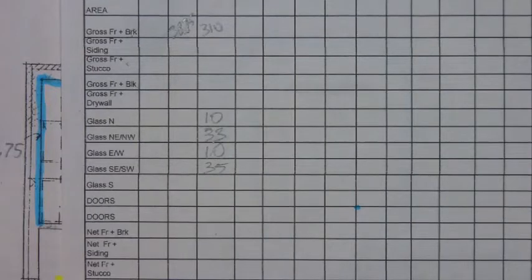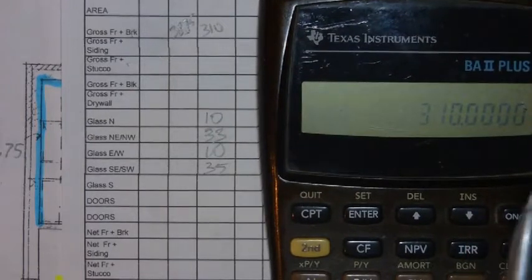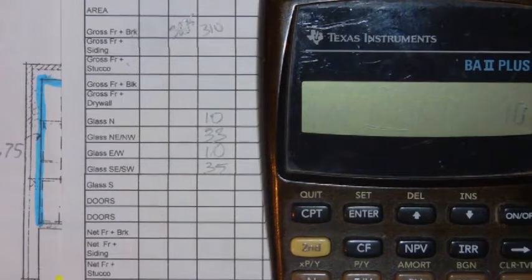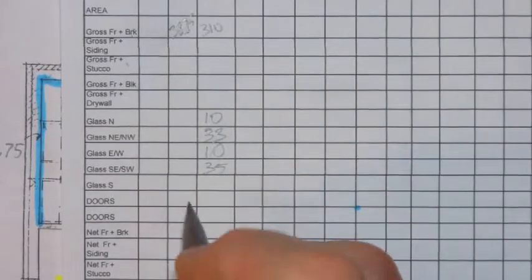So 310 subtract 10, subtract 33, subtract 10, subtract 35 equals 222 square feet of net frame plus brick.